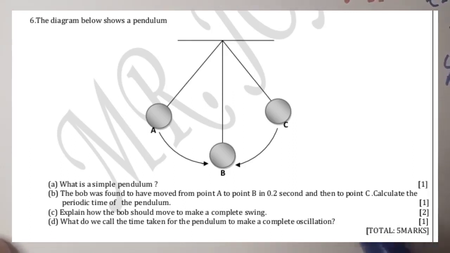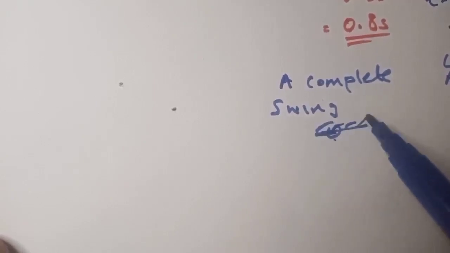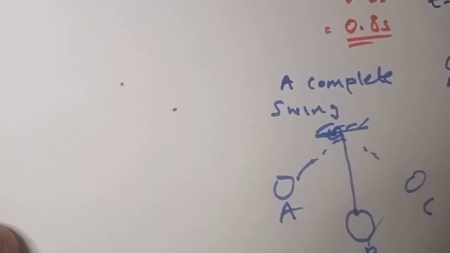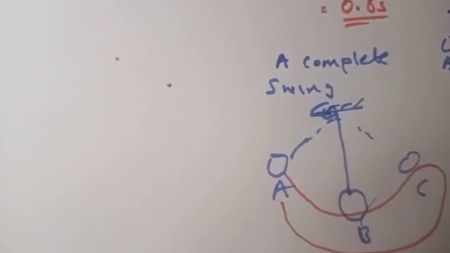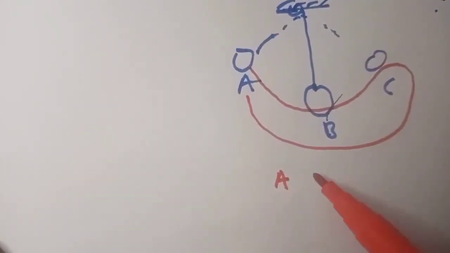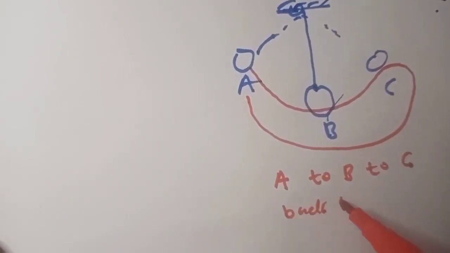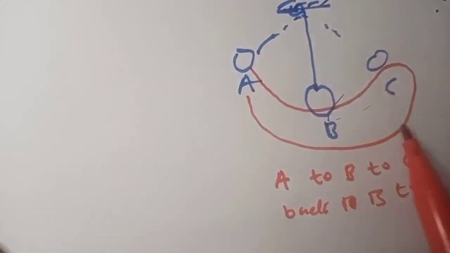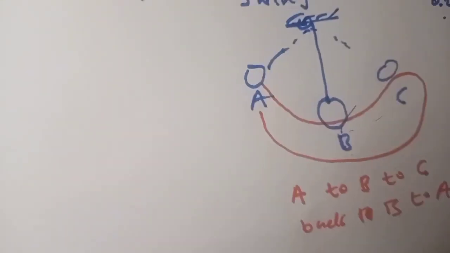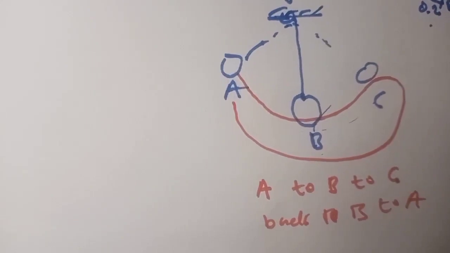This is where the string is suspended, this is your bob, and it can move from position A to position C. So A, B, C. When they say a complete swing, it's simply swinging from A to B to C, back to B, and back to A. That is what we call a complete swing.